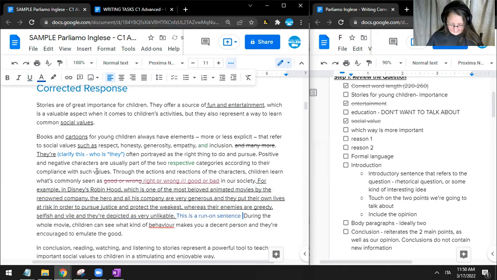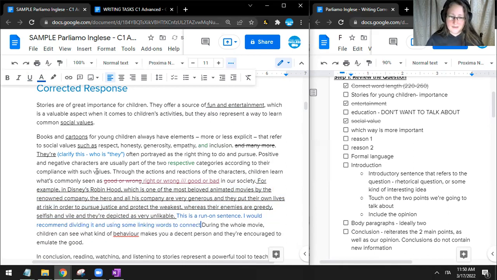This is a run-on sentence. I would recommend dividing it and using some linking words to connect the two sentences together. And that will actually help with organization. That'll help boost your marks.